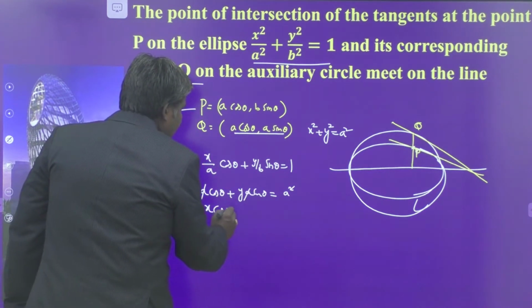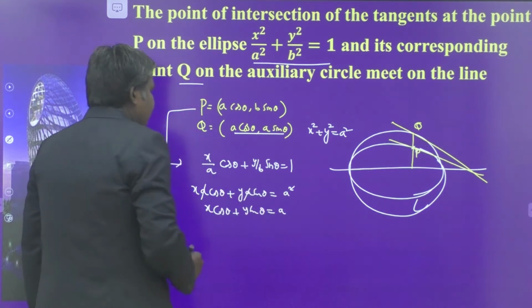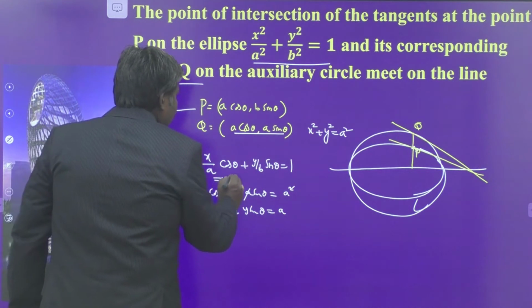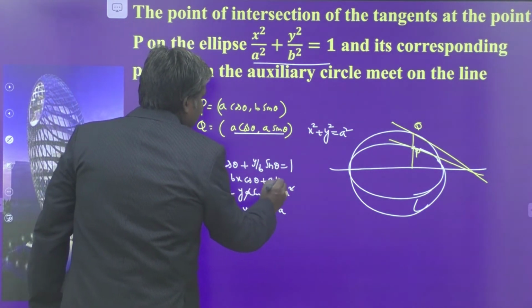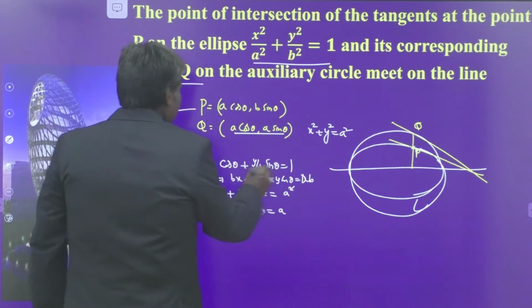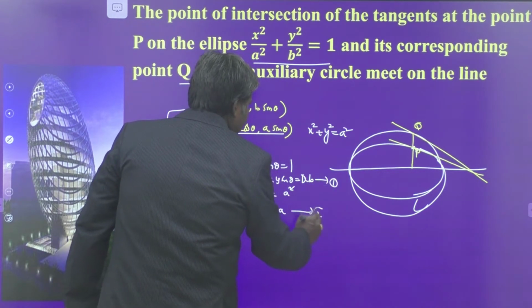So x cos theta plus y sin theta is equal to a. This can be written as bx cos theta plus ay sin theta is equal to ab. This is equation number 1, and this is equation number 2.